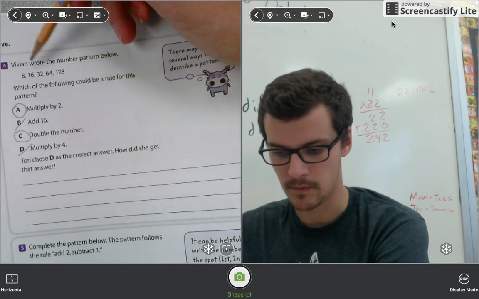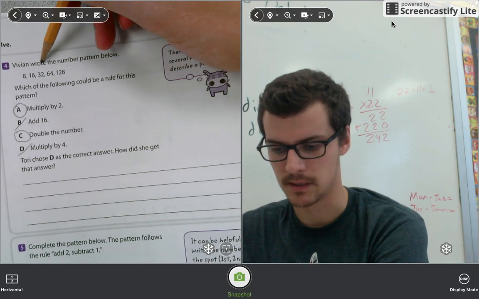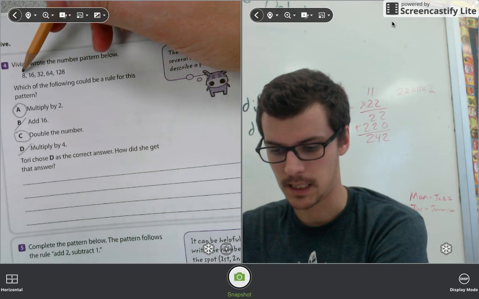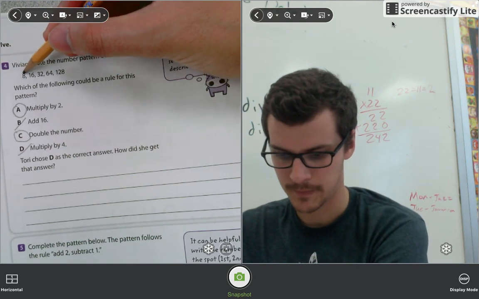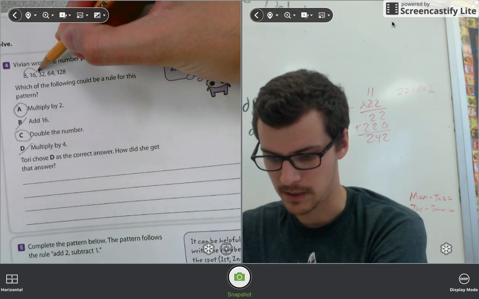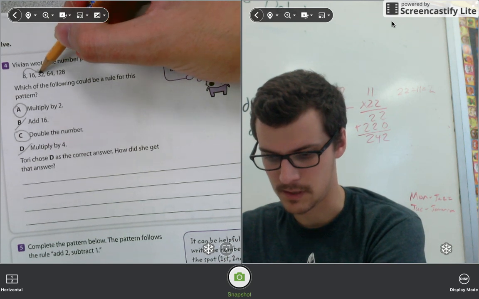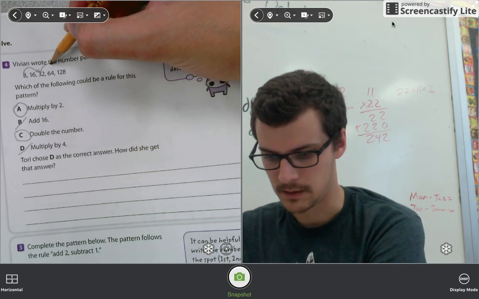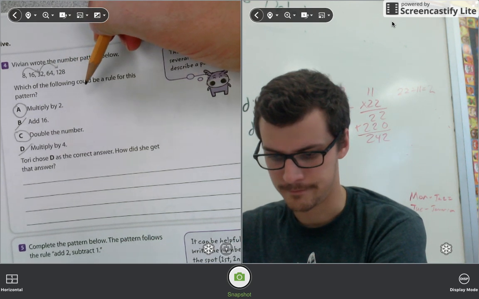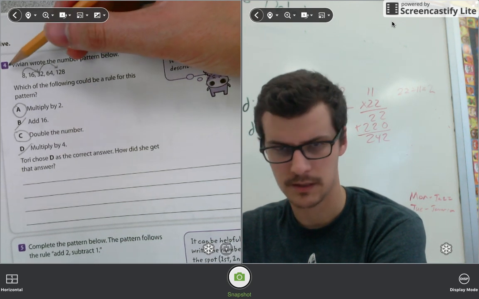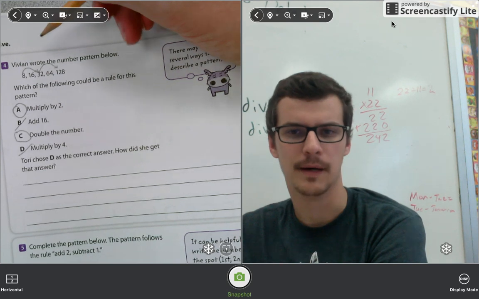But multiplying by 4 clearly doesn't work because 8 times 4 is 32. Now, she may not be noticing the 16. I don't know. Because if I jump here and I do times 4, and then 32 times 4 is 128. So she's kind of skipping a whole step there.